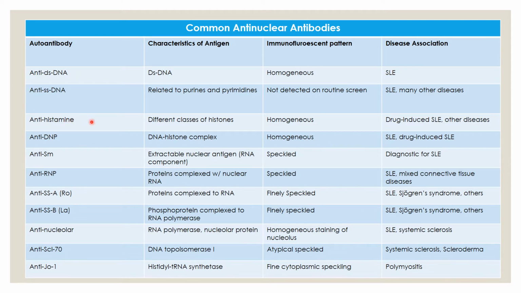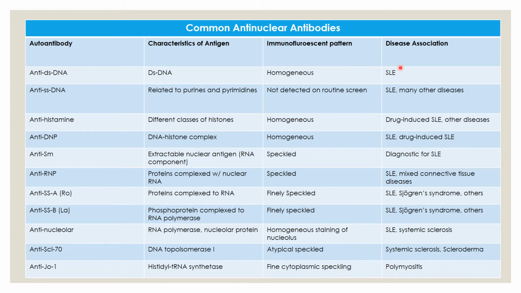For example, if I see a homogeneous pattern on my ANA, it is more likely to be an anti-histone than an anti-Smith. Anti-Sm is anti-Smith. You can see that the anti-Smith is associated with a speckled pattern. That's the immunofluorescent pattern on the ANA, and this would have been done before you found this.